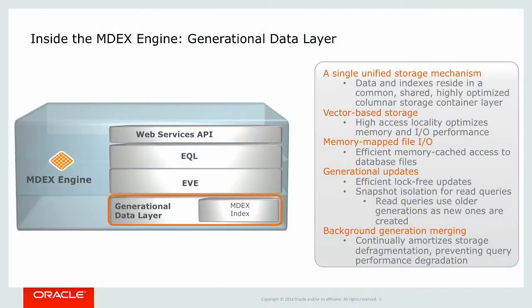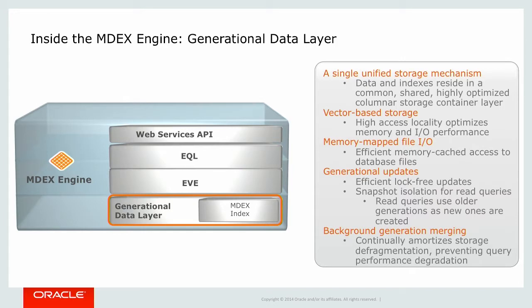This is a very high-level overview of this engine, this data store. As you can see, it has the 4 basic components. You have an API. You have a query language, which we call the Endeca query language. It's basically SQL. If you know SQL, you know EQL. It has Eve, which stands for the Endeca virtualization engine.